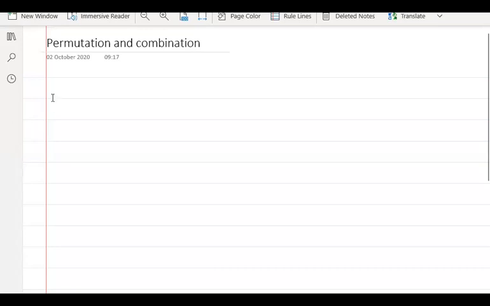If you remember, we have studied the basic concepts of permutation. So I will just revise what we have studied till now.